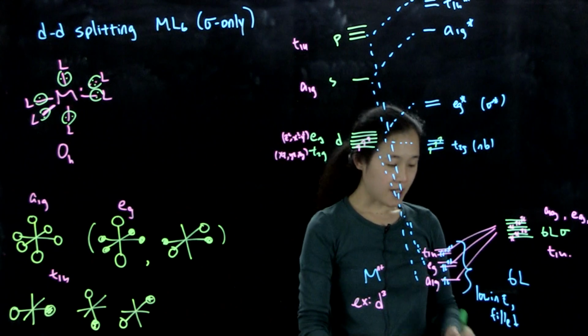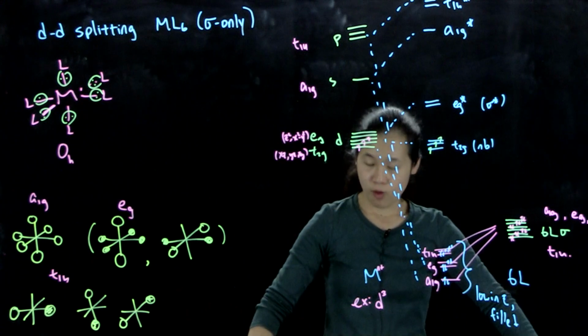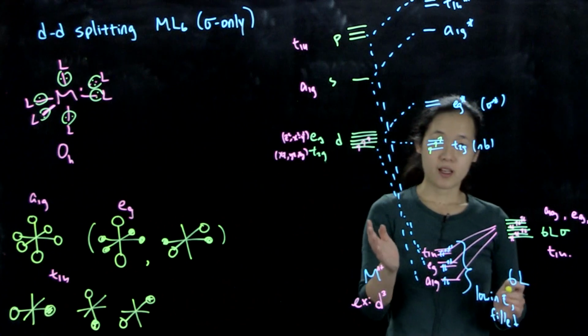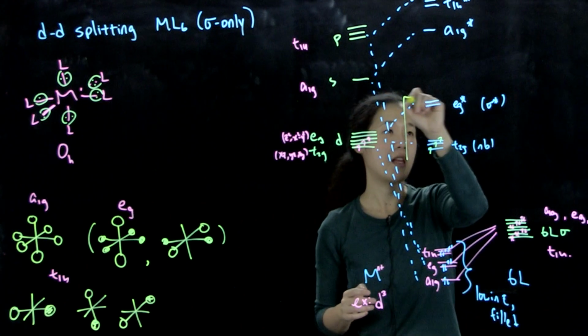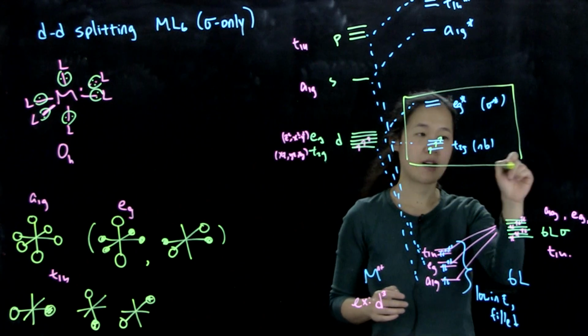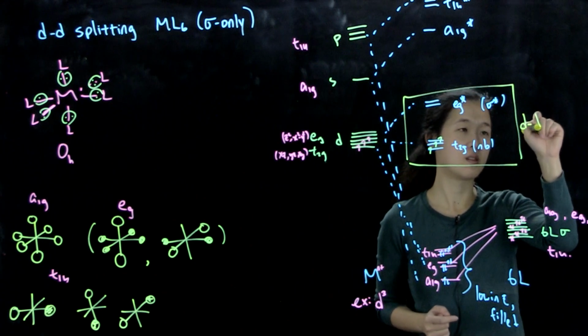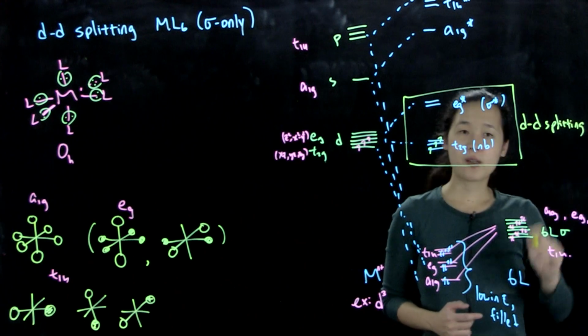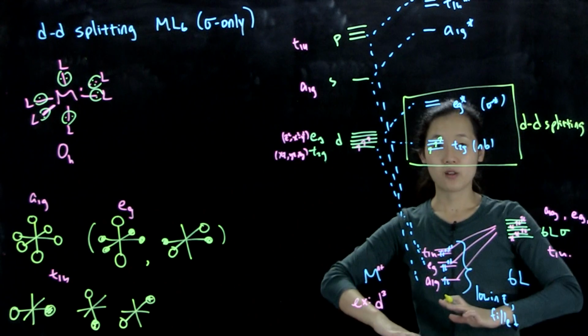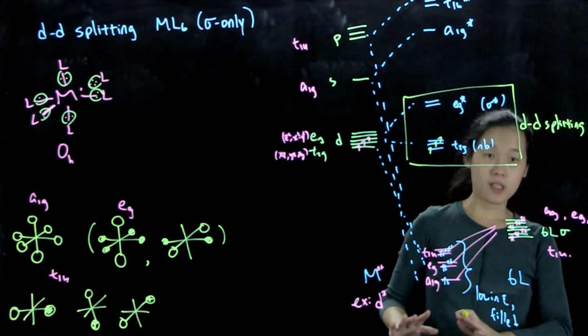So what this means is that when we think about a transition metal complex where the d electrons are in the metal, all these highest energy electrons are within this d-d splitting manifold. And that's why we can ignore all the ligand-centered orbitals. They're all down there, they're all low in energy, they're filled.